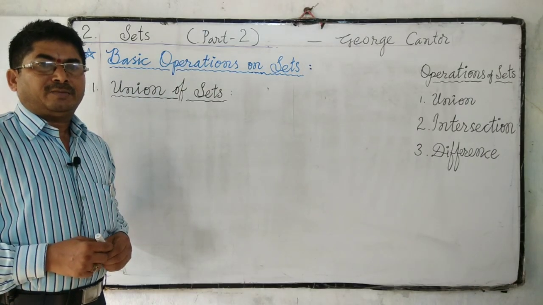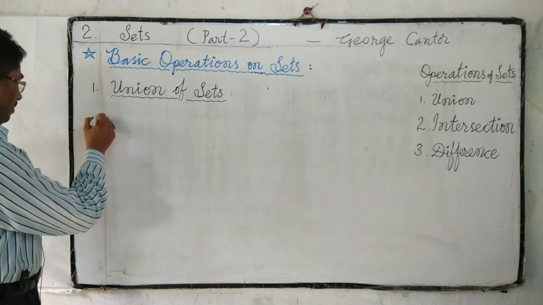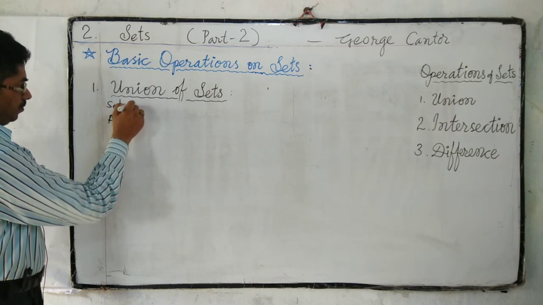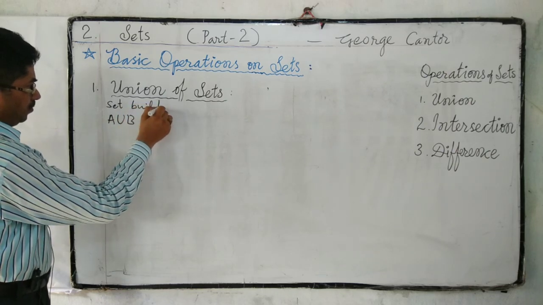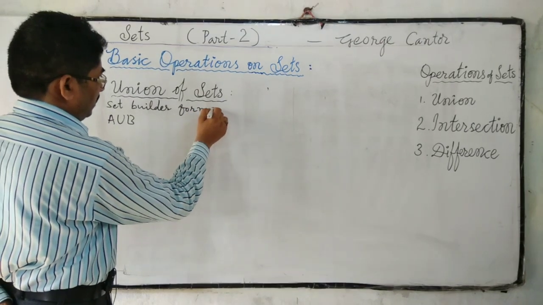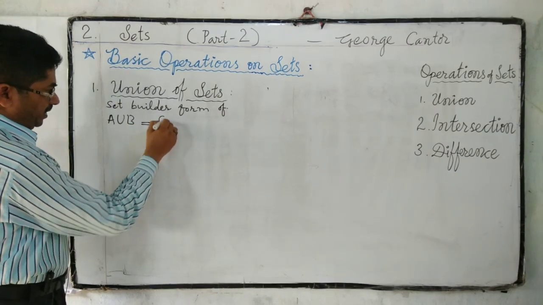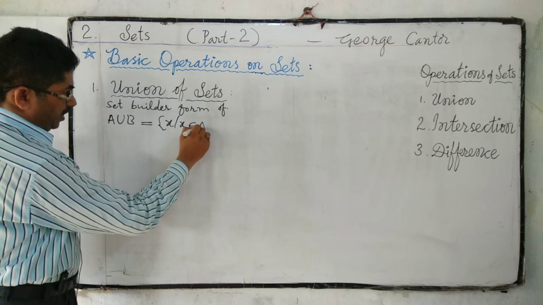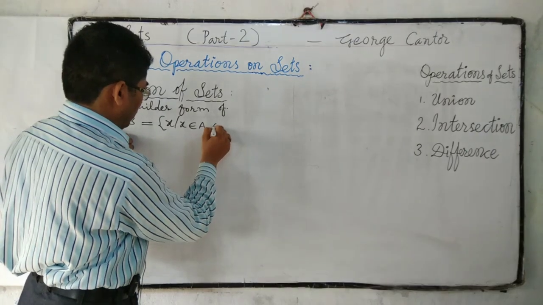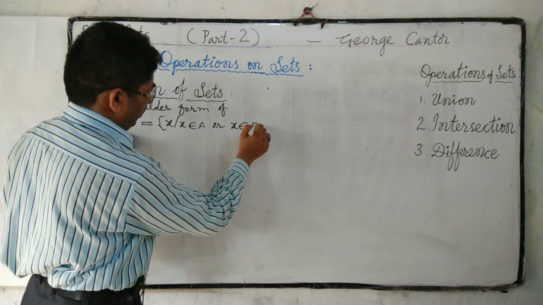Let us see the set builder form of A union B and B union A. The set builder form of A union B is equal to {x such that x belongs to A or x belongs to B}.